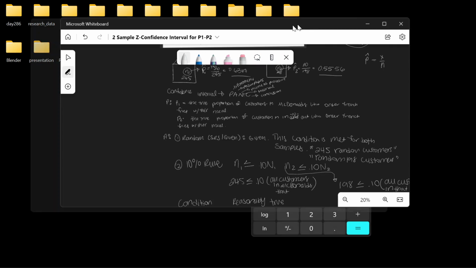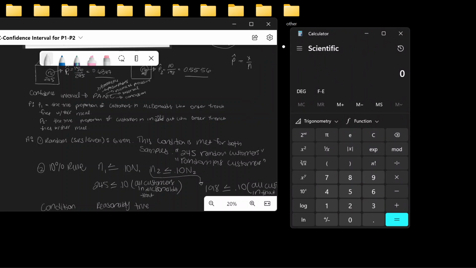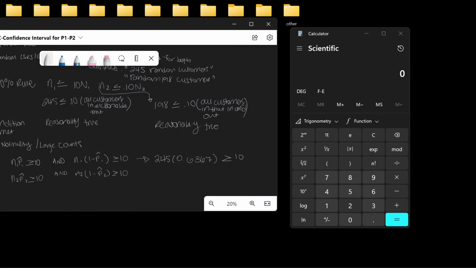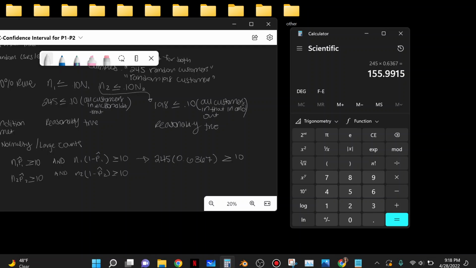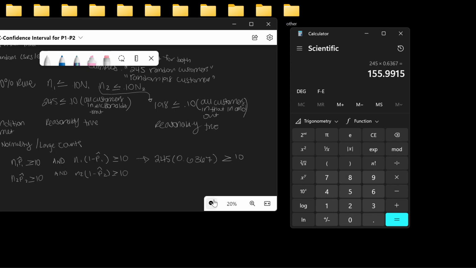Okay, 245 times 0.6367, and that is 155.9915, and that's obviously greater than or equal to 10, so that condition is met.